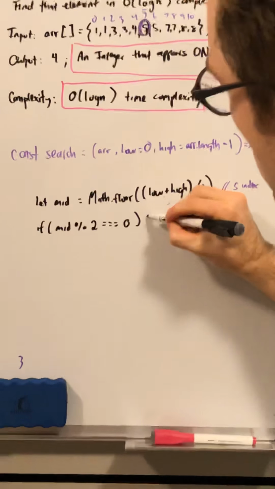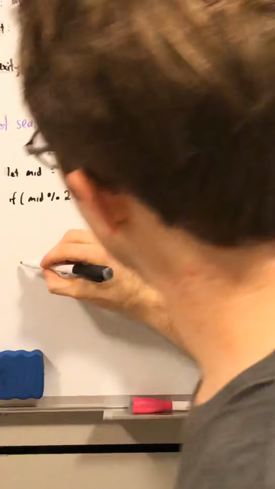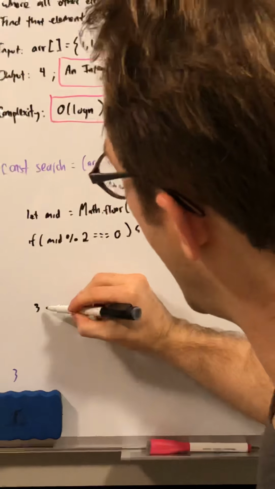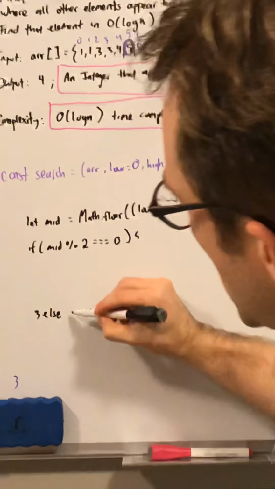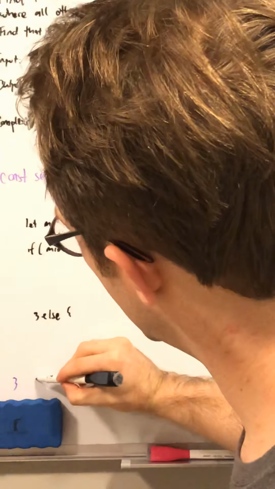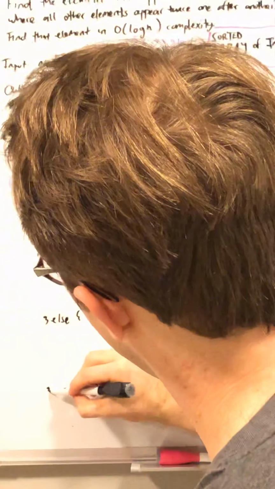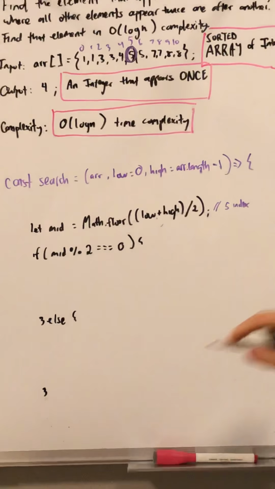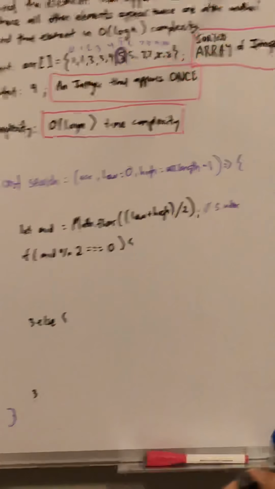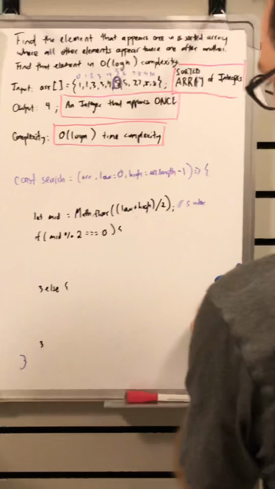If it's even, we're going to do some logic. Else, if it's odd, we're going to do some other logic. And that's where we're going to have our different recursive calls. Okay.